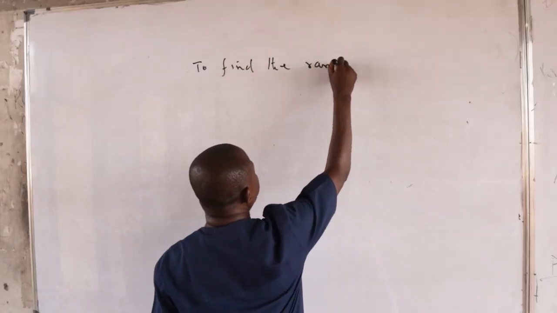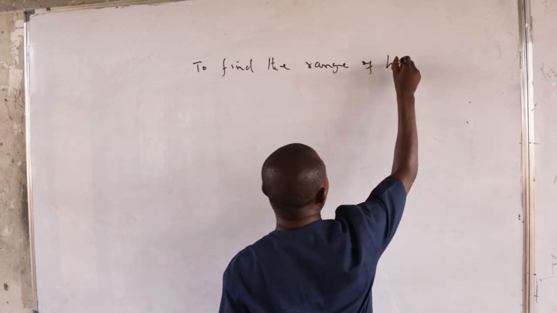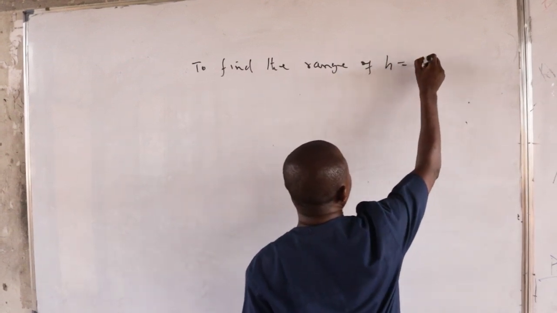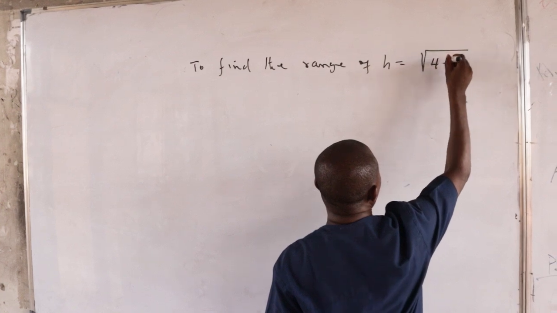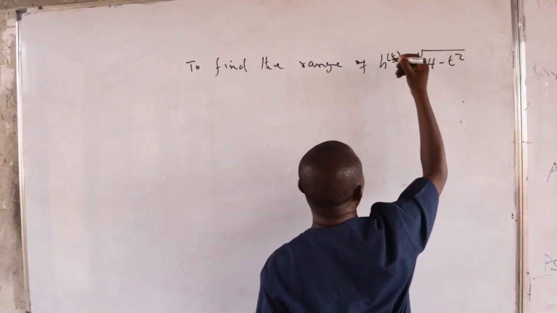The range of our function h, which is defined to be the square root of 4 minus t squared. This is h of t.